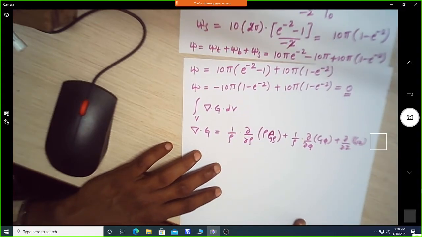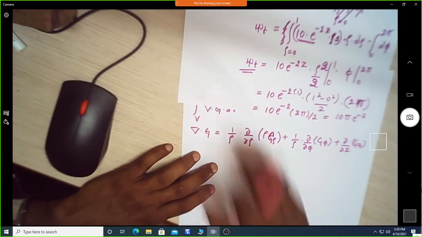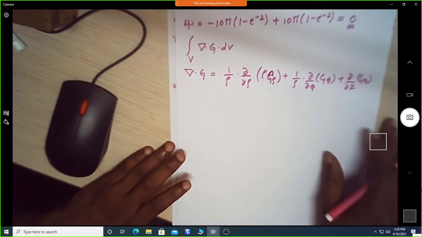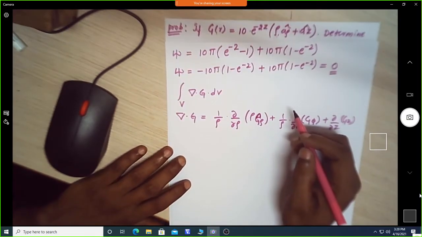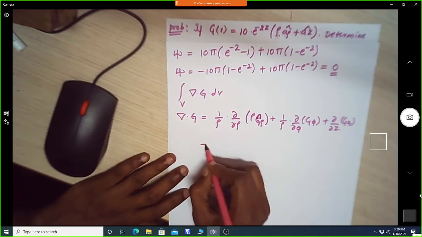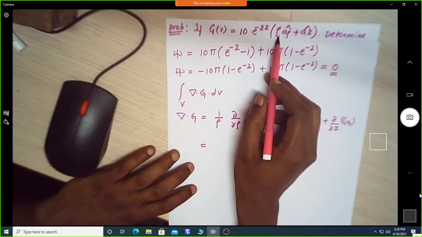Now you can see what is the given problem, that is G. It is given as 10 e power minus 2z into a rho plus az. So the G rho component is 10 e power minus 2z into rho.